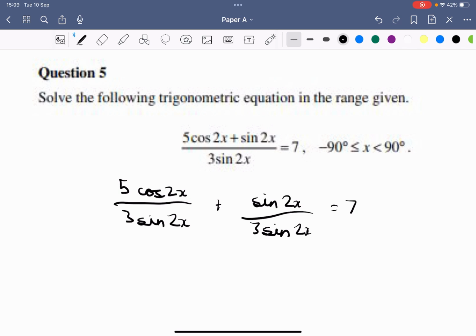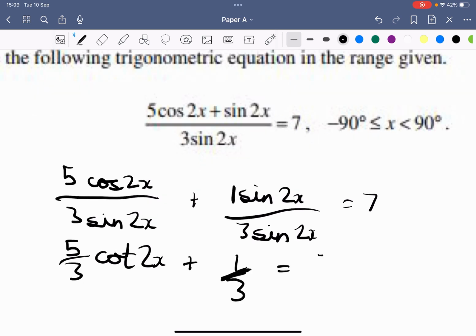And then this here is equal to 5 over 3 cot 2x, right, because cos over sine, and plus 1/3, and that equals 7.